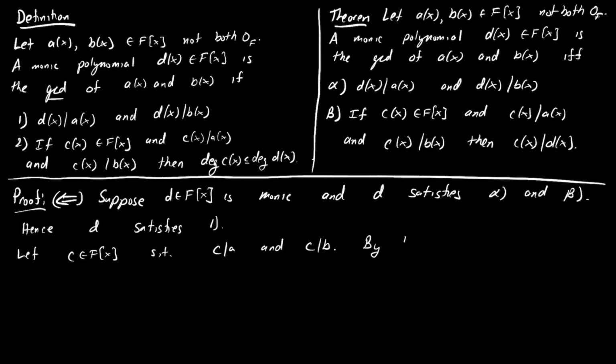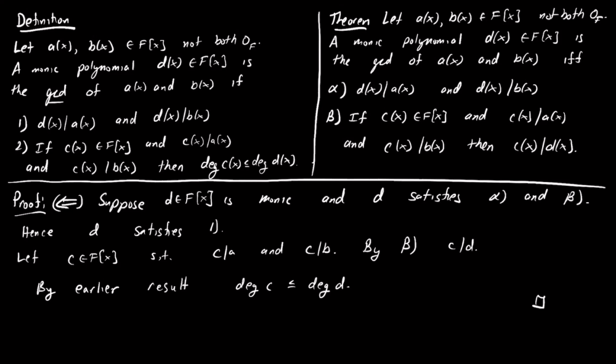By beta, we know that C divides D, and then by an earlier result, we know that the degree of C is less than or equal to the degree of D. Okay, so we've proved our theorem. We've proved the other direction. So this gives us a way of recharacterizing the notion of GCD. It removes this dependency on inequalities and gives us a divisibility condition instead.